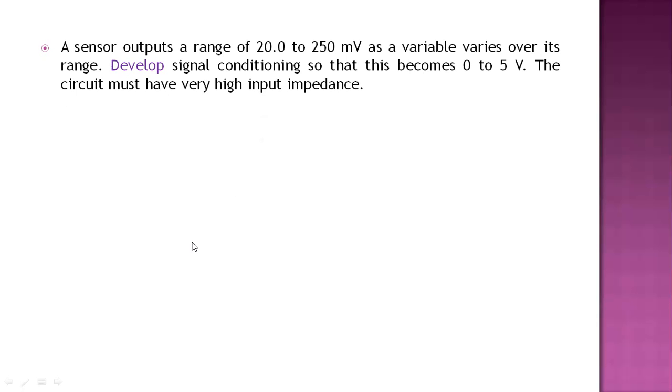A logical way to approach this problem is to develop an equation for the output in terms of the input, so that a circuit can then be developed to provide that equation. The equation is that of a straight line.